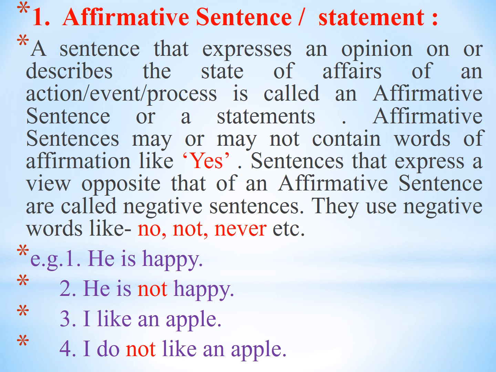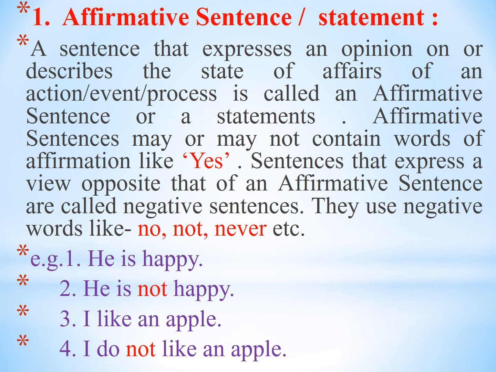Sentences that express a view opposite to that of an affirmative sentence are called negative sentences. They use negative words like no, not, never. For example, he is happy, he is not happy. I like an apple, I do not like an apple.